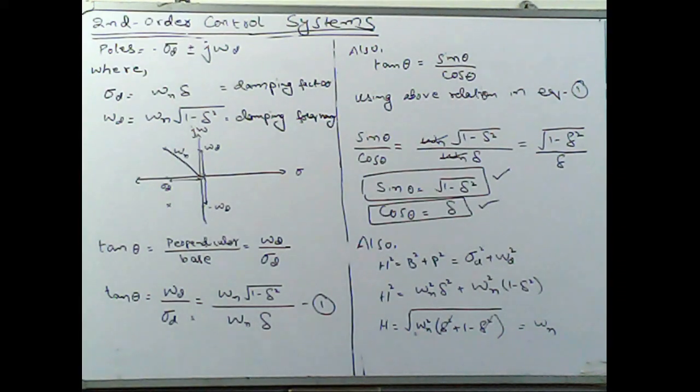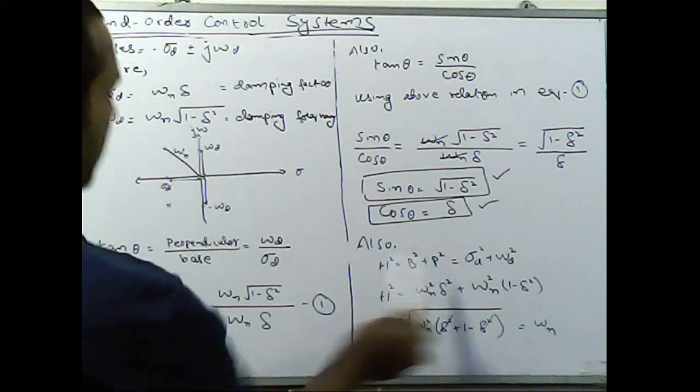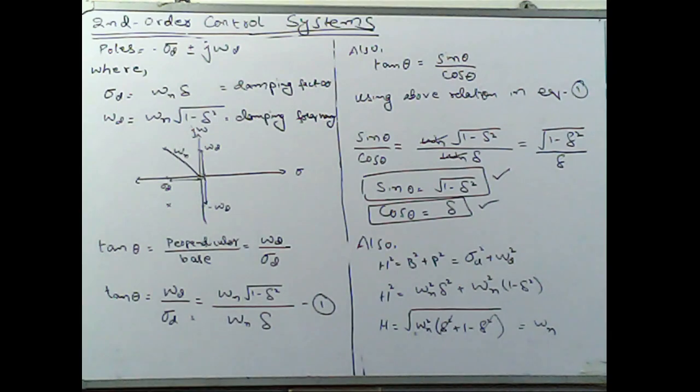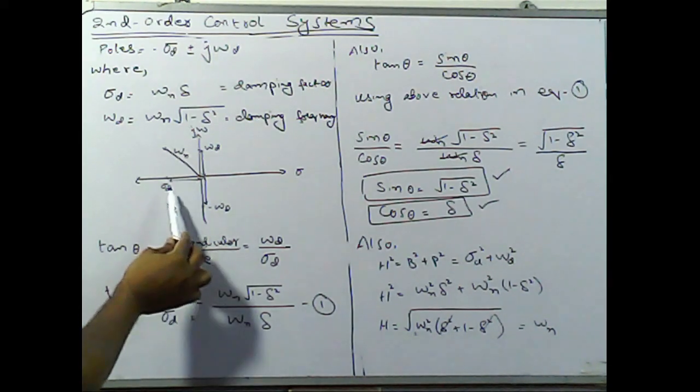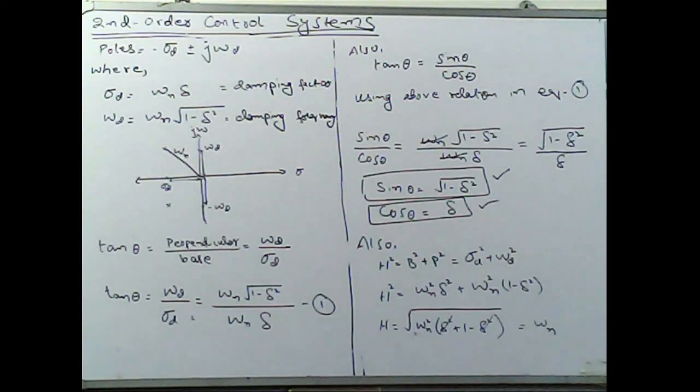But how do we come up with this definition? We know that hypotenuse square is equal to base square plus perpendicular square. So we know that this is our base and this is our perpendicular.